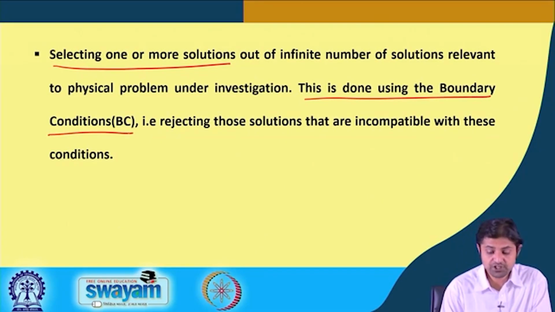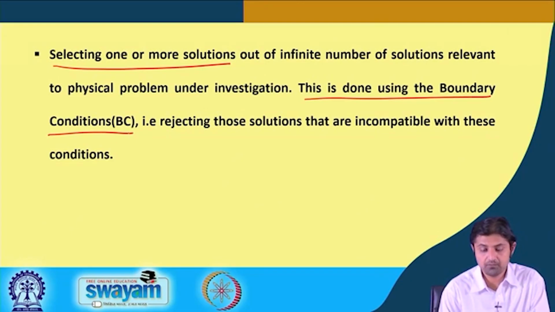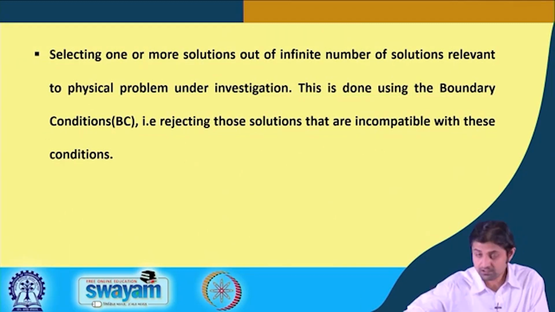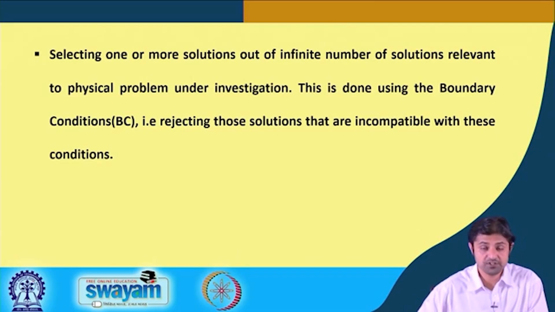So, we have to reject those solutions that are incompatible with these conditions. All right. This is called the implementation of boundary condition. So, the steps to repeat again: the first step is we have to specify a region of interest.